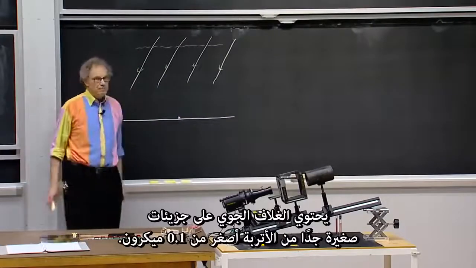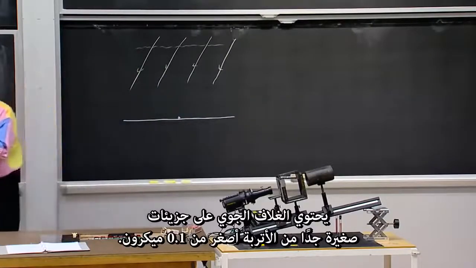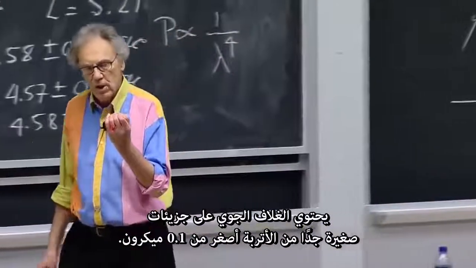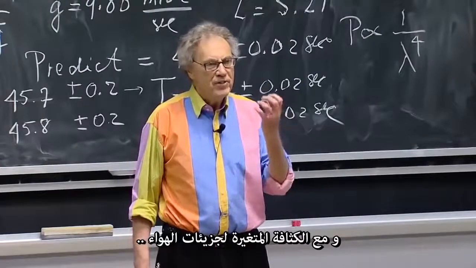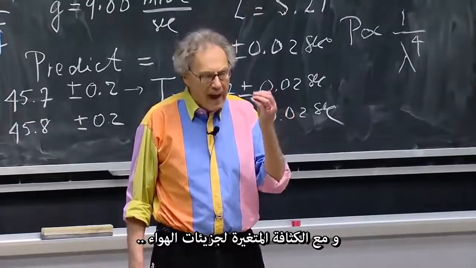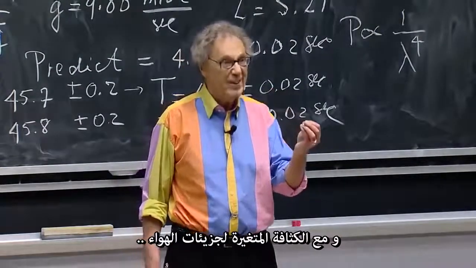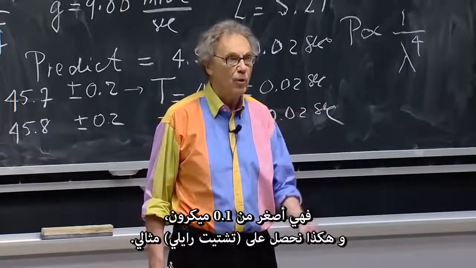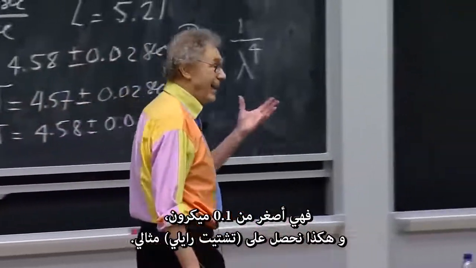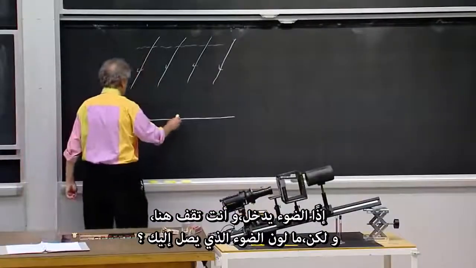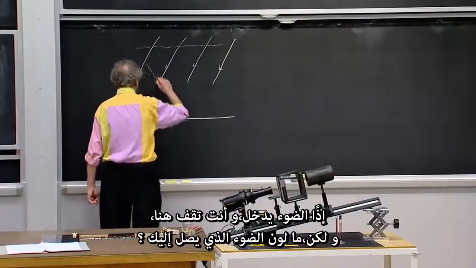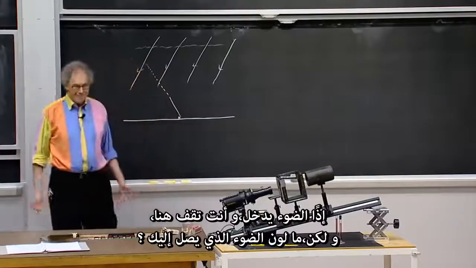The atmosphere is full of very small dust particles, smaller than a tenth of a micron, and even the density fluctuations of the air molecules themselves are clearly smaller than a tenth of a micron, and so you get ideal Rayleigh scattering. So white light comes in, you're standing here, but what is the light that comes to you?